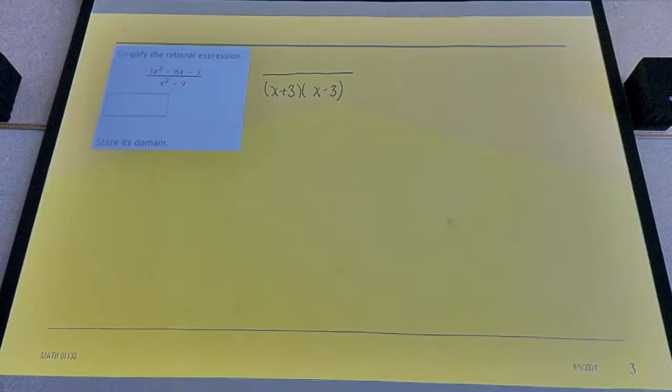Here's the denominator. Now the numerator factor. Three x plus 1 times x minus 3.